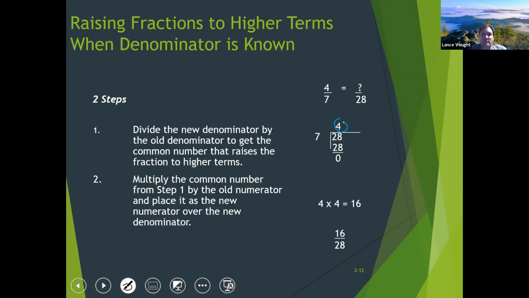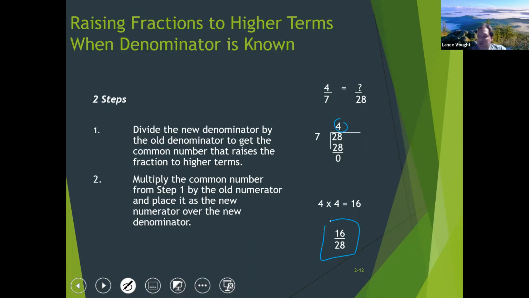So we multiply 4 times 4, we get 16, and we now get 16/28 as our fraction. Again, it's not simplified, but it's still a proper fraction. And if we want to scale up for whatever reason, we now know that it's 4 times whatever it was before.